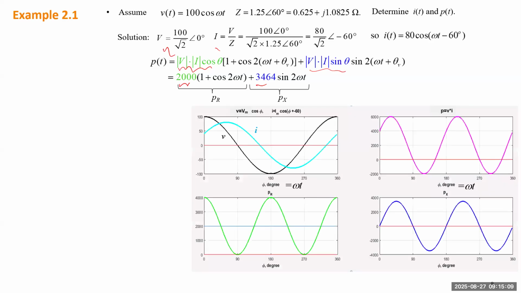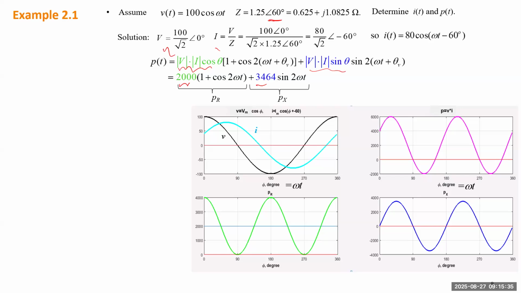We show those waveforms. The first one just compares the waveforms of V and I. Here we assume I is lagging V by 60 degrees, which can be told from the angle of the impedance. That 60 degrees is actually the theta by which the voltage is leading the current.